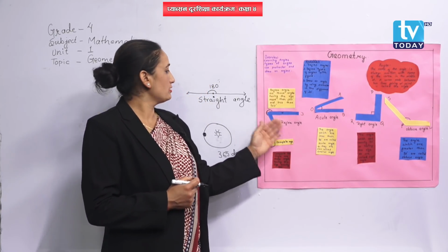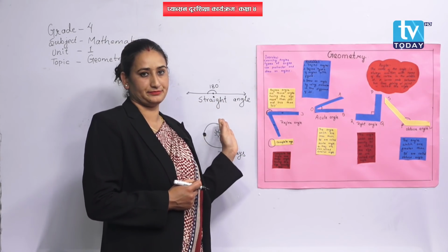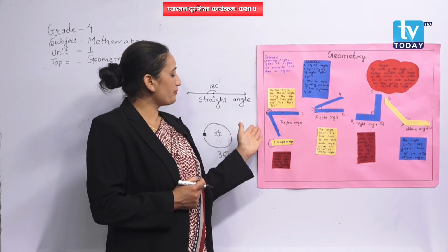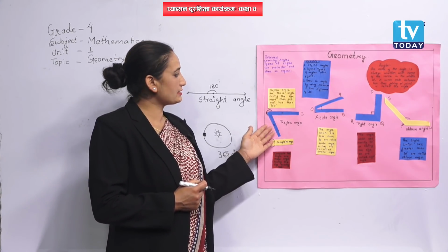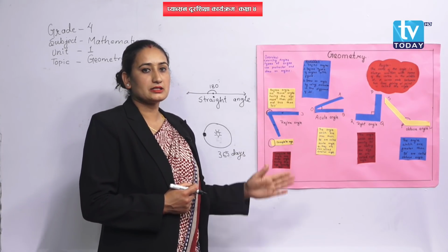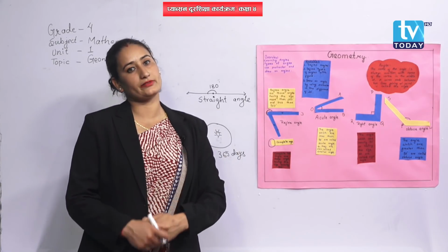Then after that comes the straight line, which is exactly 180 degrees. After that, the reflex angle comes. Reflex angle means having angles more than 180 degrees and less than 360 degrees.